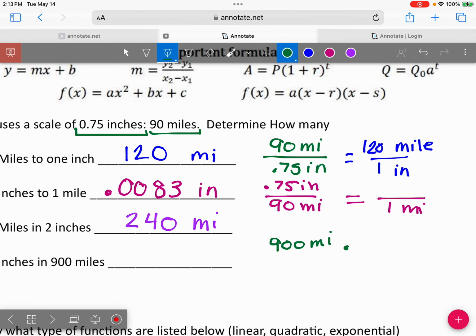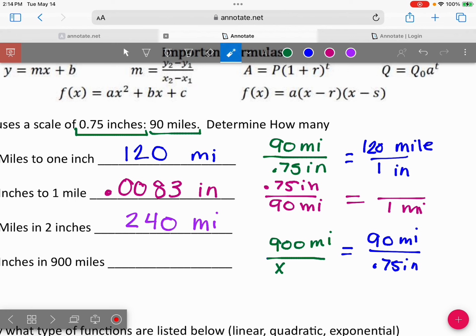And we know it goes by a similar ratio, the same kind of ratio where we have our 90 miles to 0.75 inches. And you could set this up as an X and do a cross multiply situation. That is a valid strategy here.